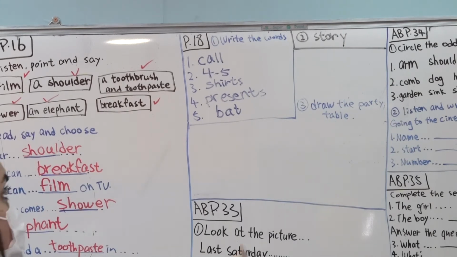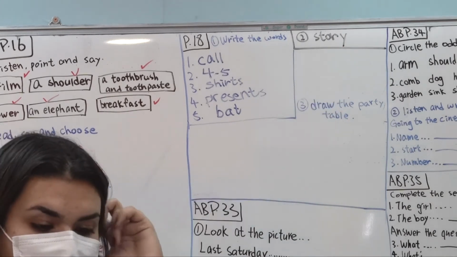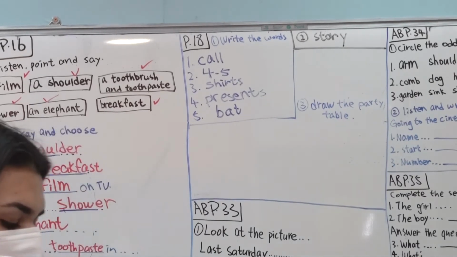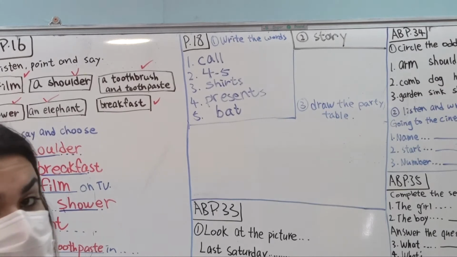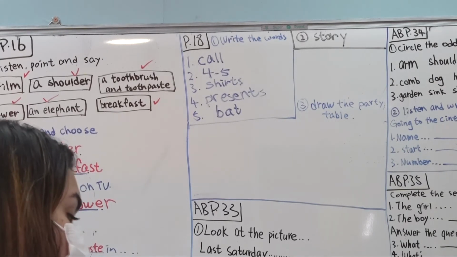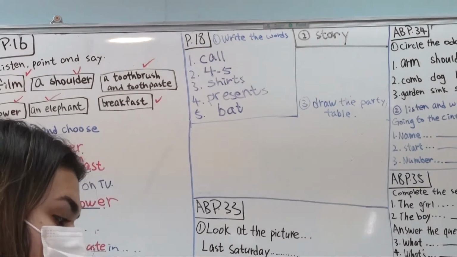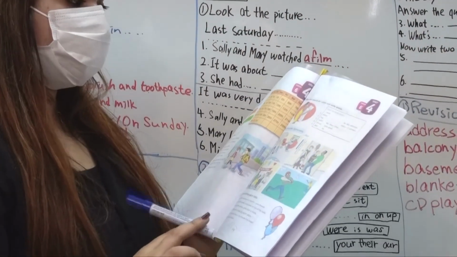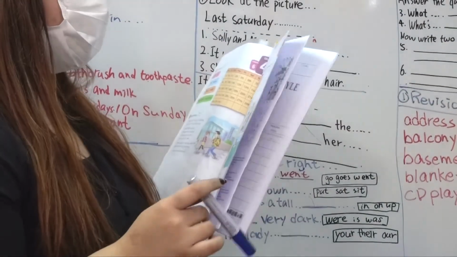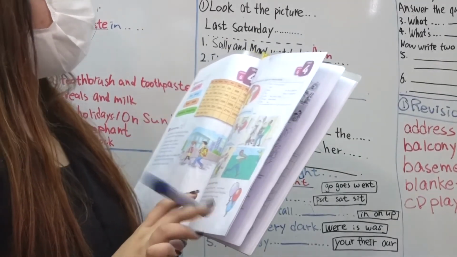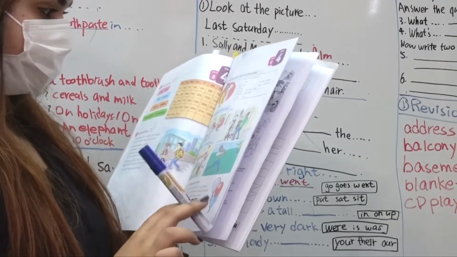Now let's look at part 2. Tell the story. So what's the story? You can look at the 4 pictures at part 2. Look at picture number 1. So the first part we have done, the must list that Sam has to do, right?